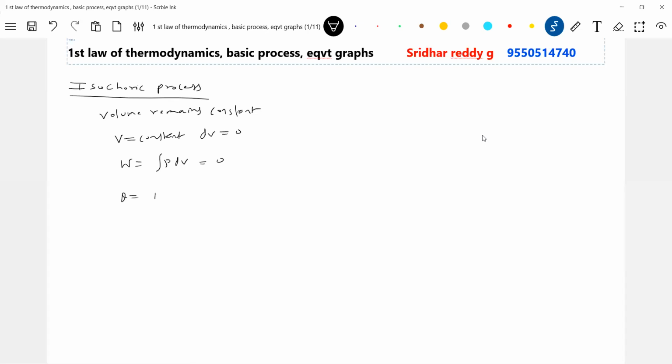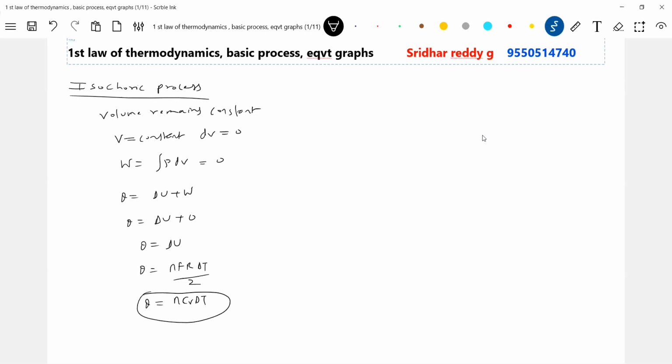Now we have Q equal to delta U plus W. Work done is 0, so therefore it's a process in which Q equals delta U. What is delta U? It is nfR delta T by 2. Further, this we can write as nCV delta T. The gas will absorb it at constant volume.